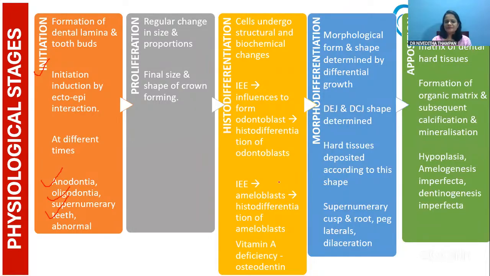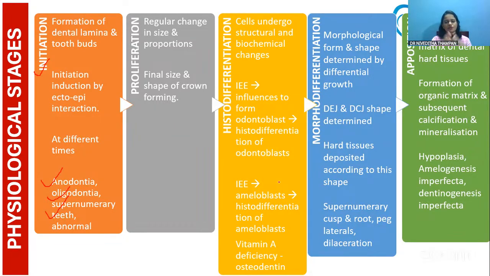So special types of dentine, like vitamin A deficiency leading to osteodentine, can be seen if any disturbance happens at this histodifferentiation stage. The odontoblasts and the ameloblasts are getting differentiated at this stage. So if any insult happens at this stage, it can result in osteodentine and other forms of defective dentine formation.